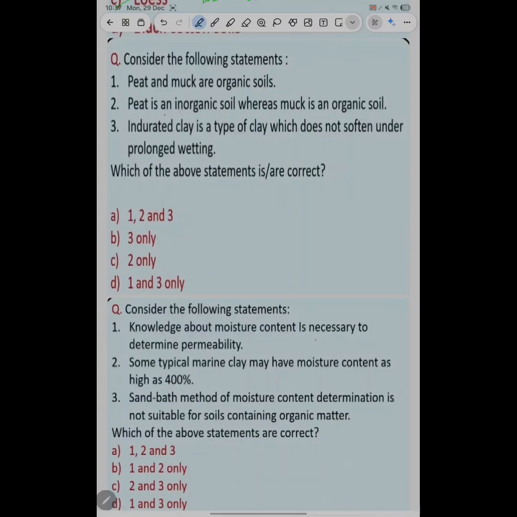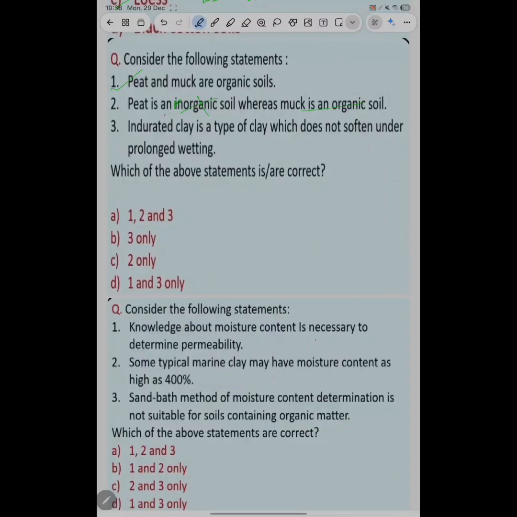That is correct. Second one, peat is an inorganic soil. Peat is fully decomposed organic soil, whereas muck is a combination of organic and inorganic soil. Peat is an organic soil, so this statement is wrong.